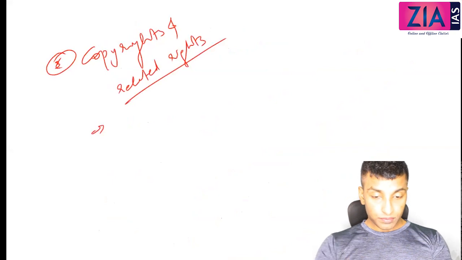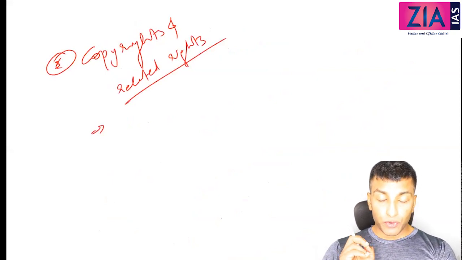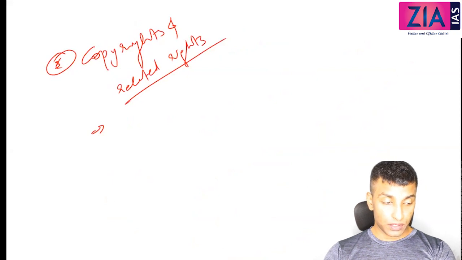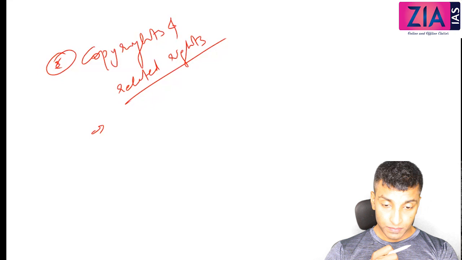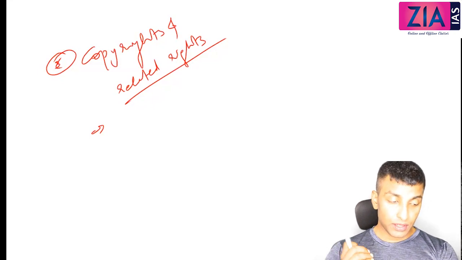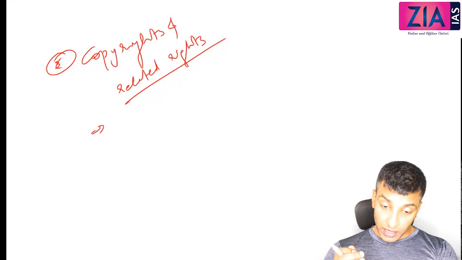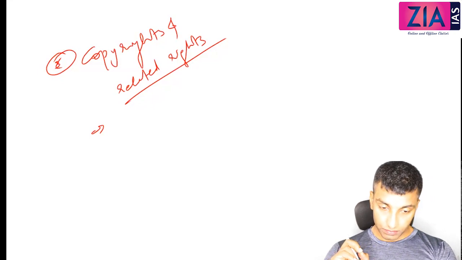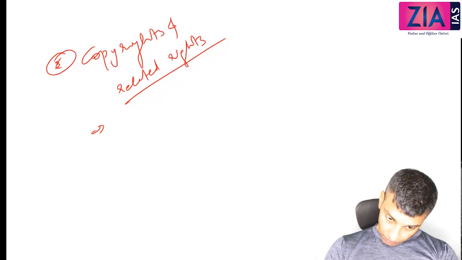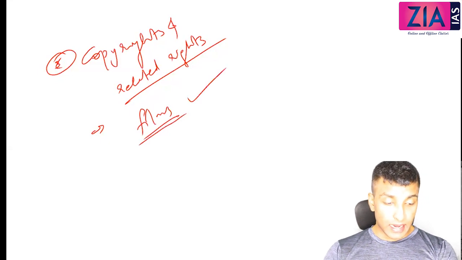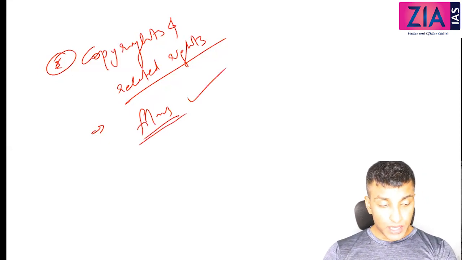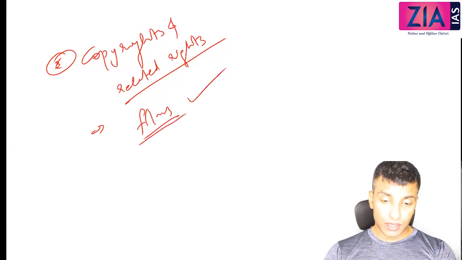Under this, rights of authors, artists, musical compositions, paintings, sculptures, computer programs, and films are protected. Okay, under this, rights of authors, artists, musical compositions, paintings, sculptures, computer programs, and films are protected.